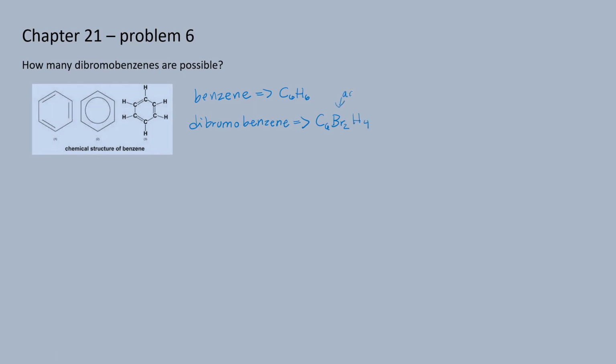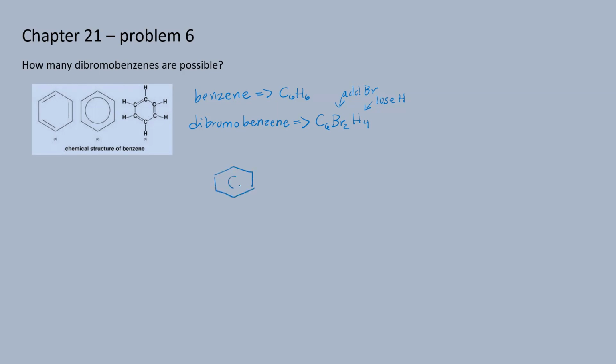So if you add bromines or halogens, you're going to lose hydrogens. Basically, you're substituting out a hydrogen for a halogen. And if we look at the last structure, each carbon only has 1 hydrogen. So that means at the most, you can only put 1 bromine per carbon.